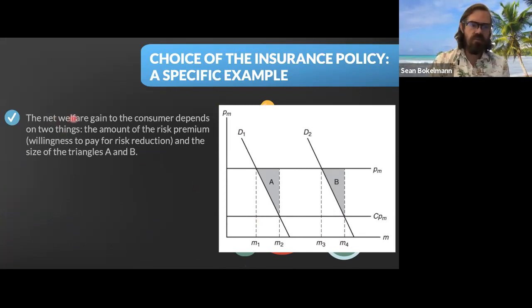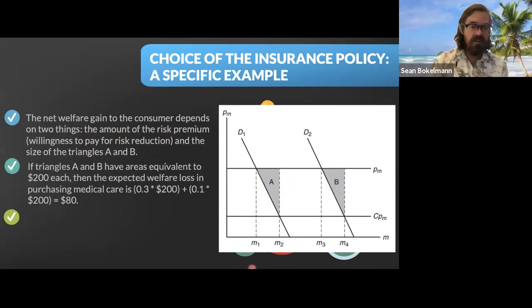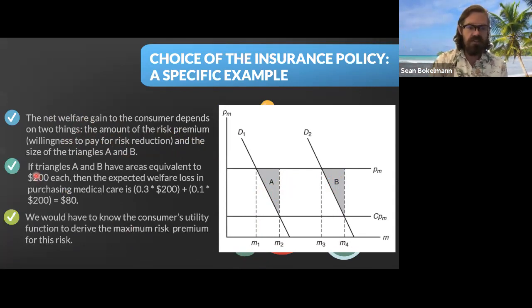Okay, so the welfare gain to the consumer is going to depend on two things: the risk premium, their willingness to pay for risk reduction, and the size of these two triangles. Because again, these represent welfare losses, but depending on their risk aversion, they might overall have a net benefit in their welfare. So let's assume that these triangles have areas of $200 apiece.